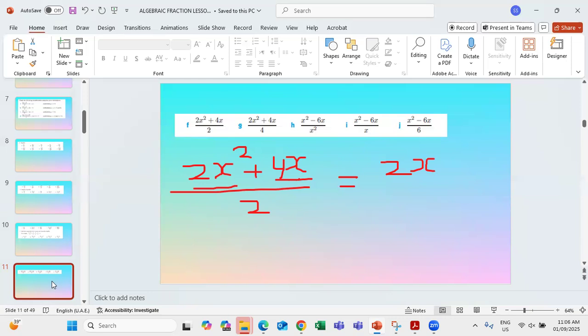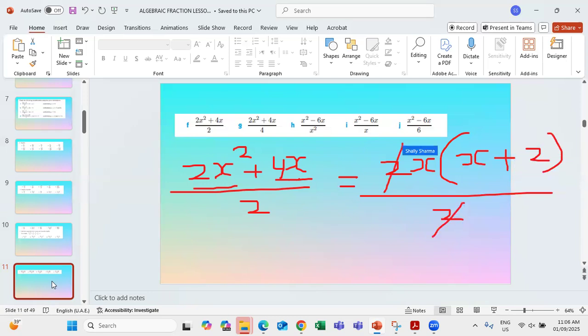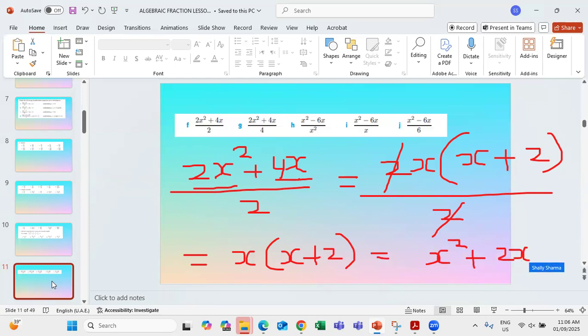If you want to do this topic, you should be good with the factorization process. So this inside will be x plus 2 and then in the denominator it is 2, so 2 and 2 got cancelled. So answer is x into x plus 2, or you can write down like x squared plus 2x. This is the most simplified form.